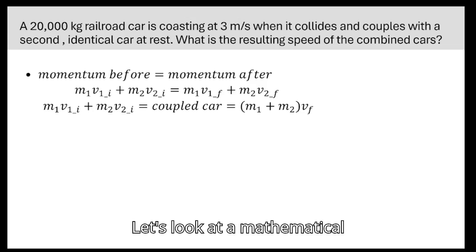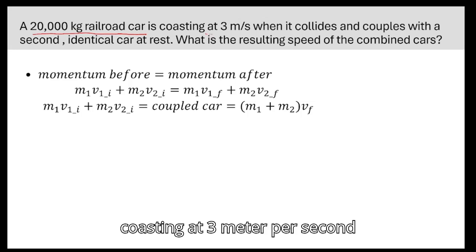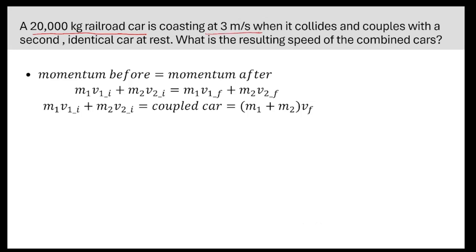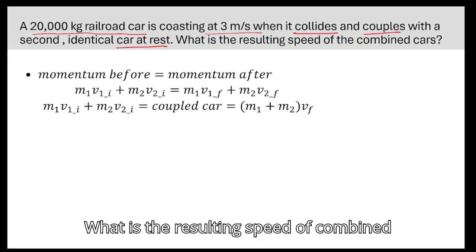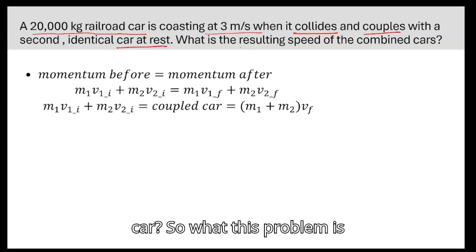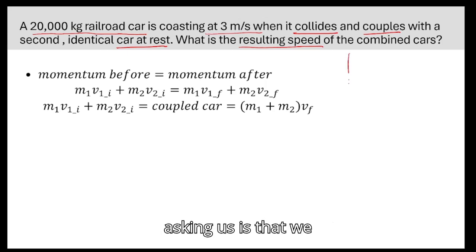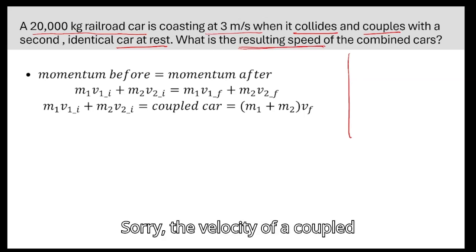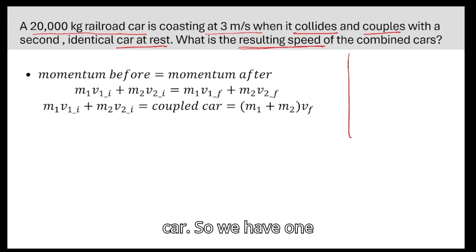Let's look at a mathematical example. A 20 kilogram railroad car is coasting at 3 meters per second when it collides and couples with a second identical car at rest. What is the resulting speed of the combined cars? So what this problem is asking is that we need to find the velocity of the coupled car.